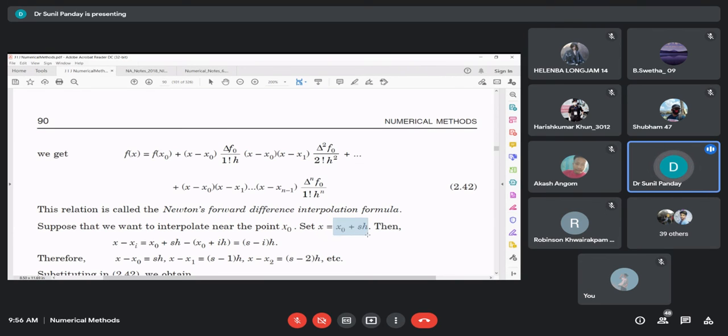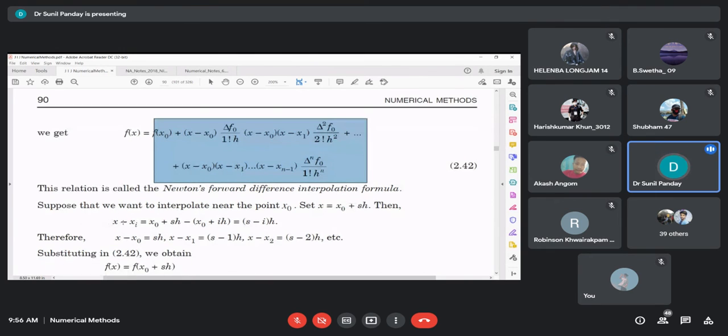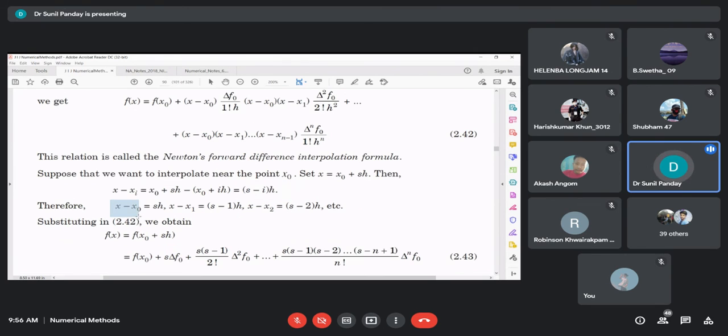If I substitute x naught plus sh in this formula, first, what is the value of x minus xi? I know that x is x naught plus sh, because we can always find s such that x naught plus sh equals x. And xi, from the definition, is x naught plus ih. Then x naught cancels out, and you have s minus i into h.